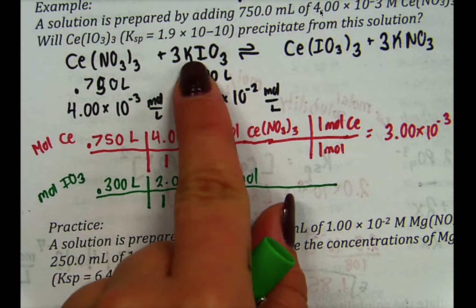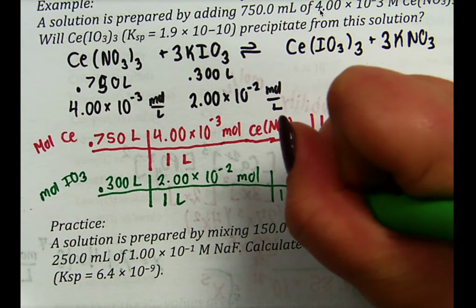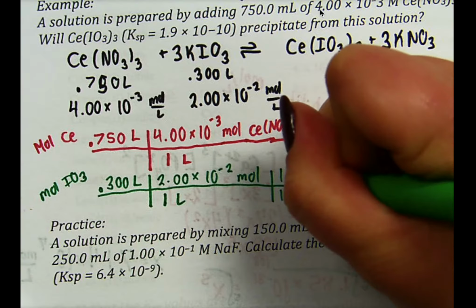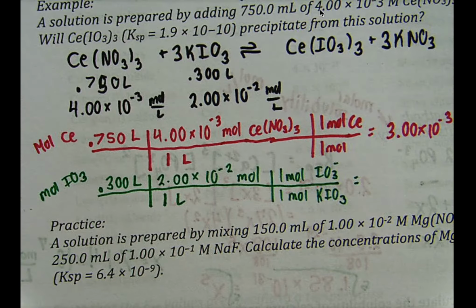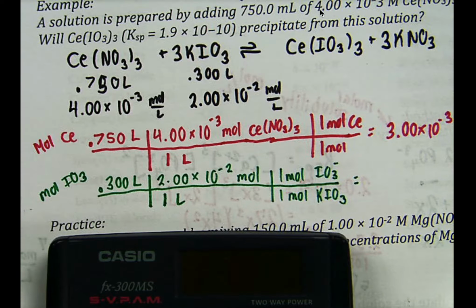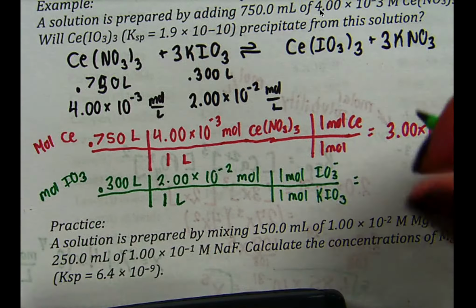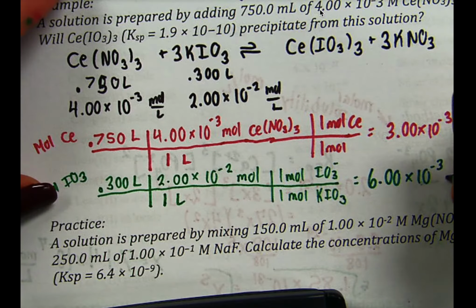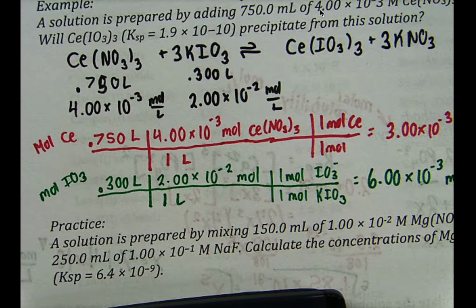For every 1 mole of KIO3, we have 1 mole of the iodate ion. So we plug that into our calculator, and we get 6.00 times 10 to the negative 3 moles of IO3 minus.